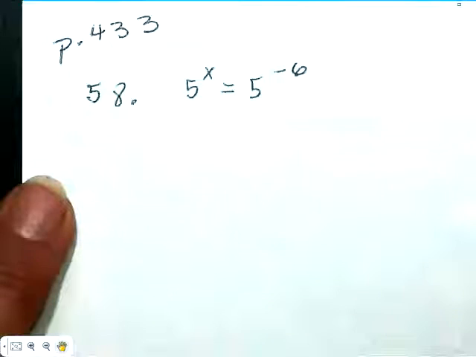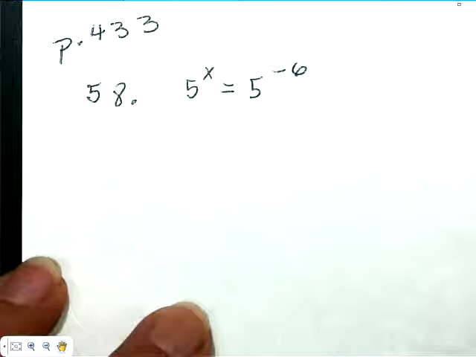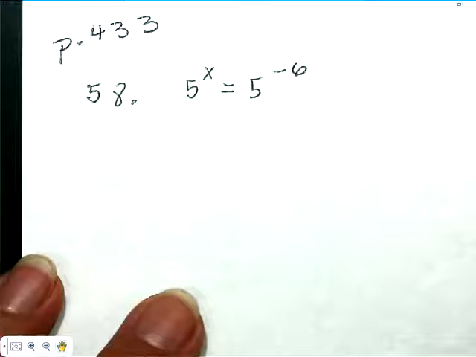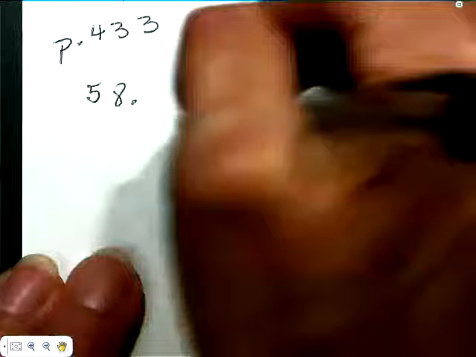Start with the easiest one, 58. If 5 to the x equals 5 to the negative 6, what does x have to be? Negative 6. Well, that one was pretty easy.